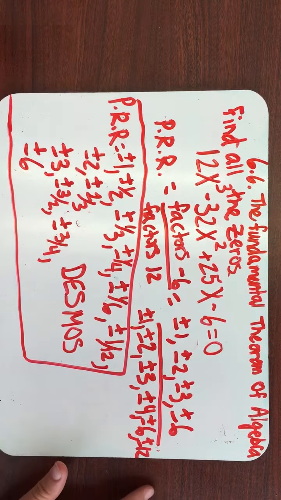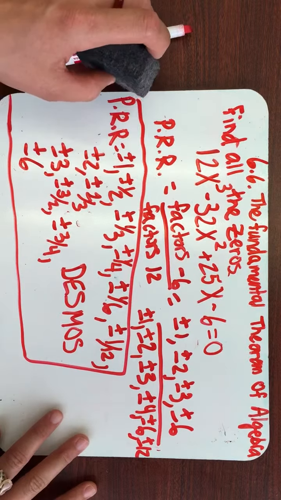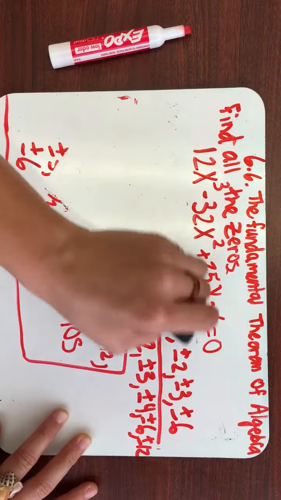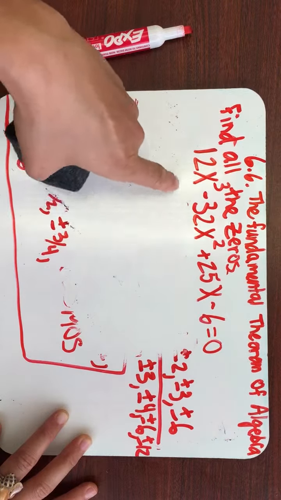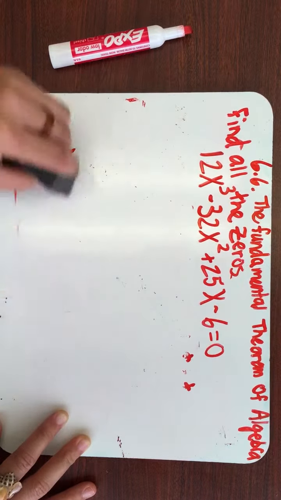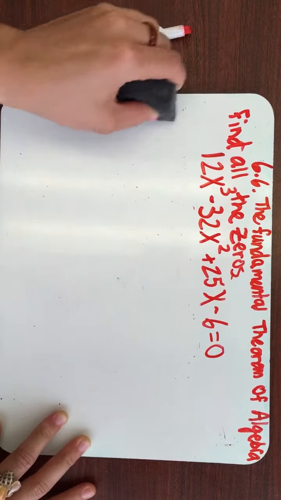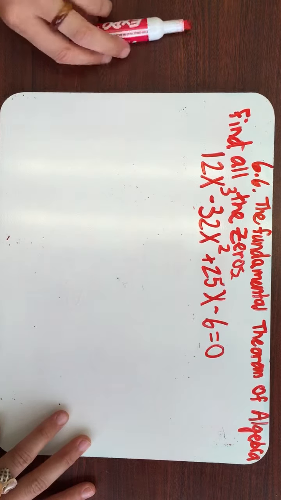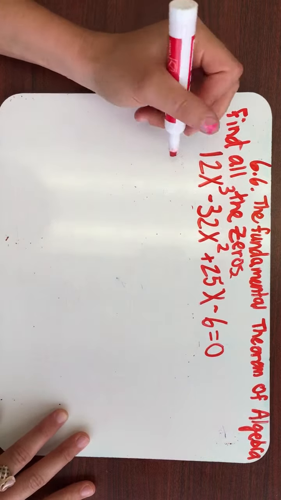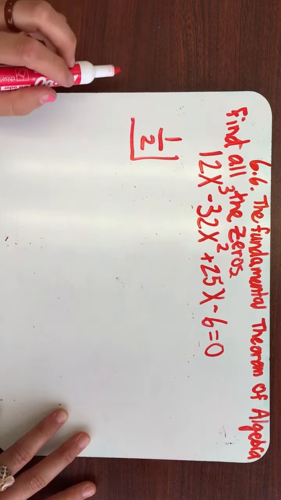So from all of these, we're going to test them using synthetic division, and we are trying to find where this cubic polynomial of 4 terms will cross the x-axis. So I'm going to plug it into my Desmos app, and I found out that it crosses it at a half, so I'm going to use that one.